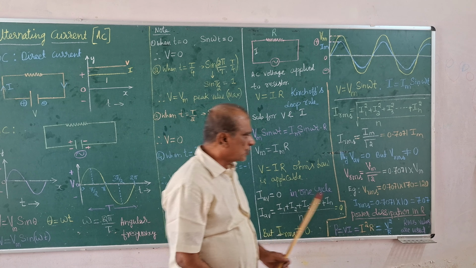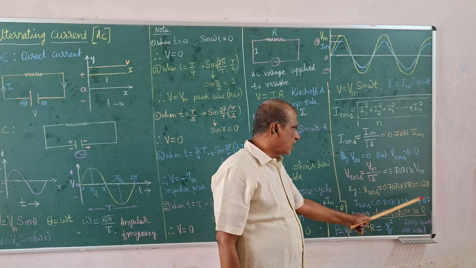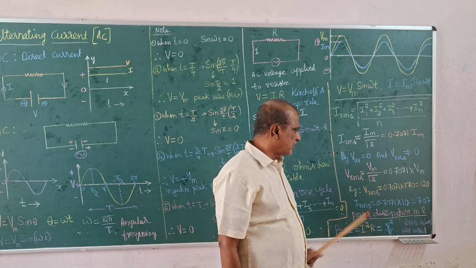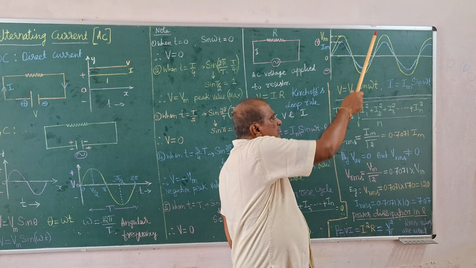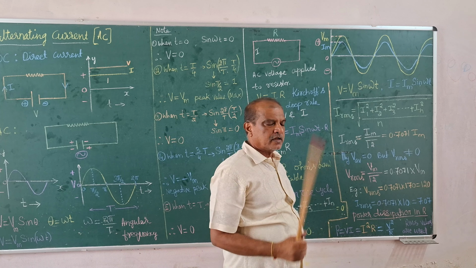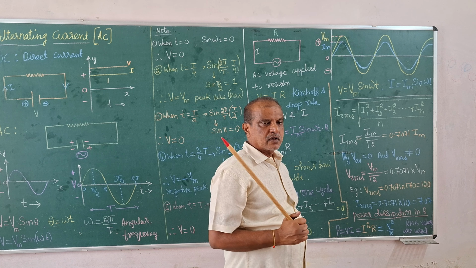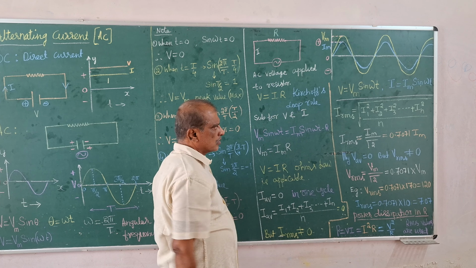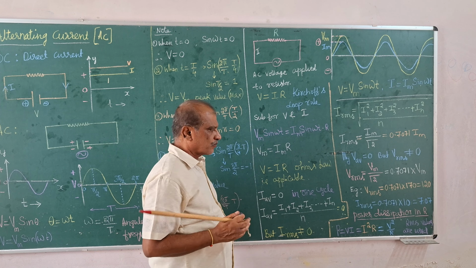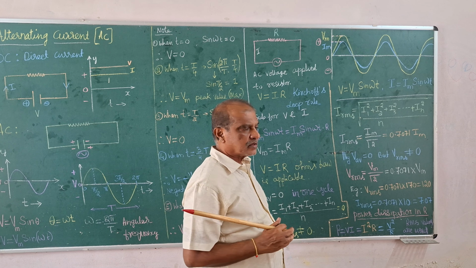That is the effective current and effective voltage, clear? It doesn't mean that in every cycle it is getting cancelled. There is a net voltage and net current used up in the circuit if you use AC. That is a speciality of AC.